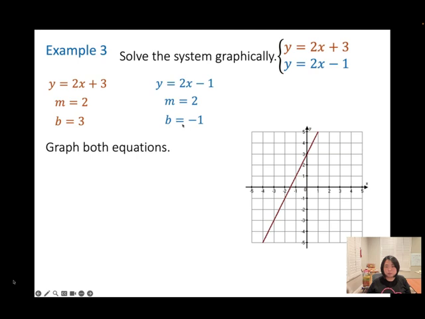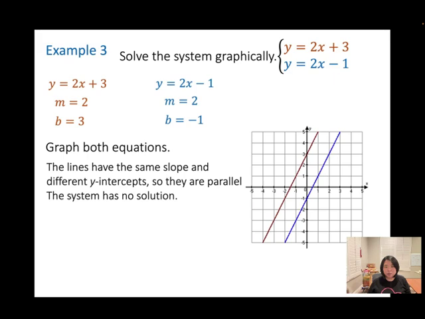For the second one, do the same thing. b equals -1, so we start from here. Then m equals 2, so we go up 2 units and right 1 unit. So we have this point and this point together. These two lines don't have any intersection points, so we say the lines are parallel.